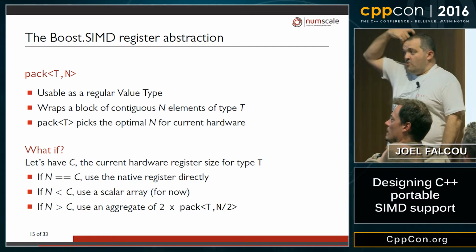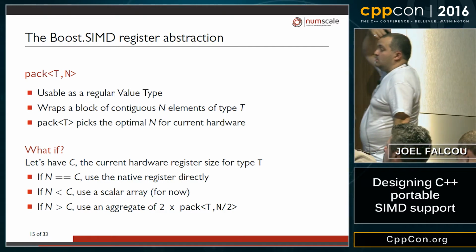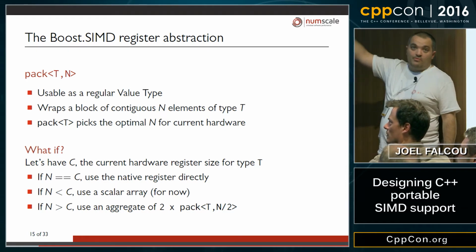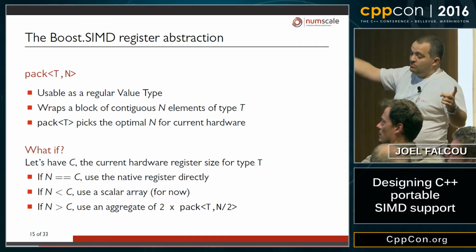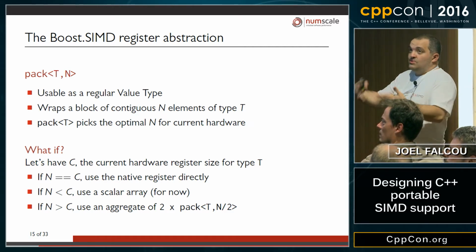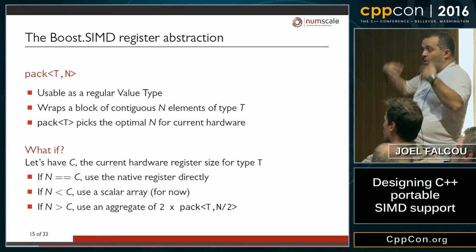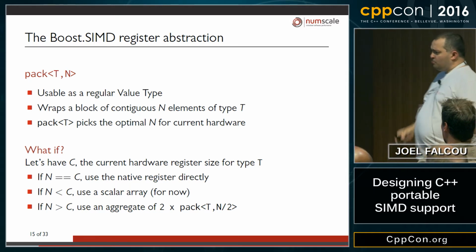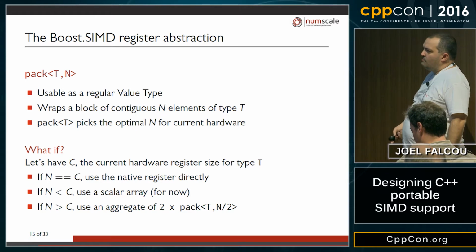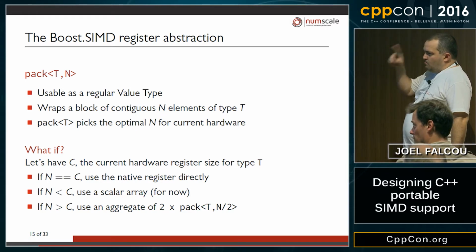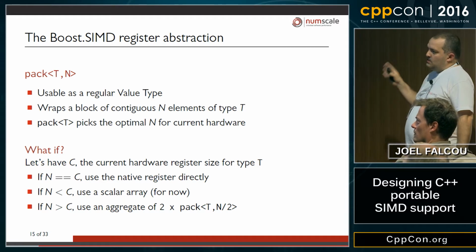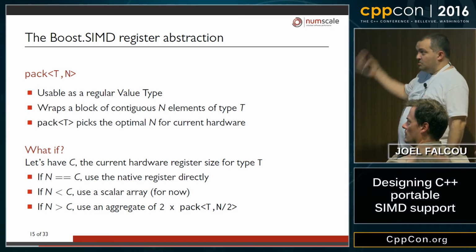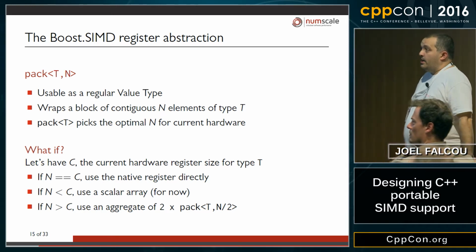Having a width which is greater than the natural cardinal could actually be useful on some systems, because whenever you do an operation on a larger than required pack, the side effect is that we locally unroll every operation for every sub-element of the pack, which can actually be useful to get some performance back in some cases. So whatever is going on, depending on T and N, we get something which is as close as possible to the optimal storage we need. We take care of alignment and so on, of course, so everything is set up as it needs to be.